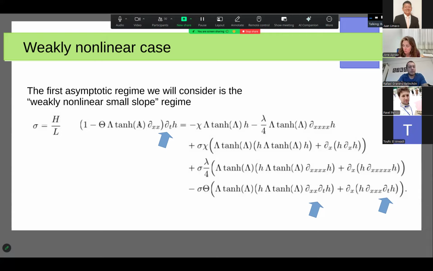Hyperbolic tangent is bounded by 1. So basically every time we see a hyperbolic tangent, we can intuitively think it's a 1. It's not, and there is some computation we have to do to rigorously estimate everything. But imagine there is a 1. The main contribution is whether this guy is a 1. That will be the high frequencies.